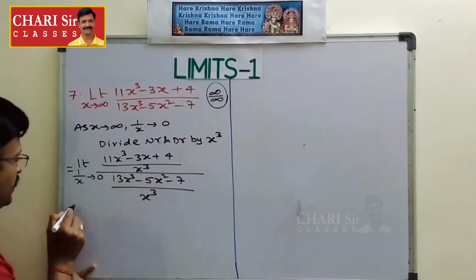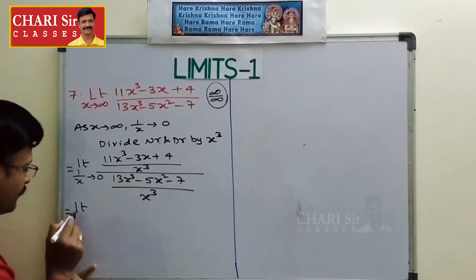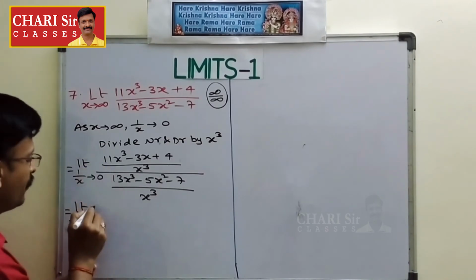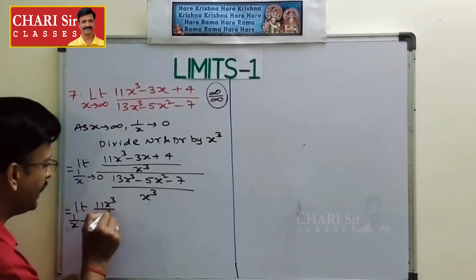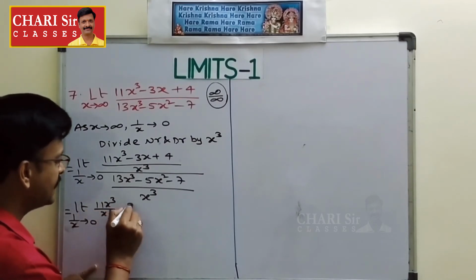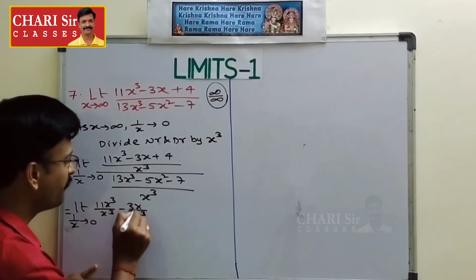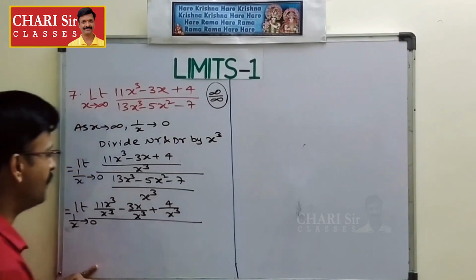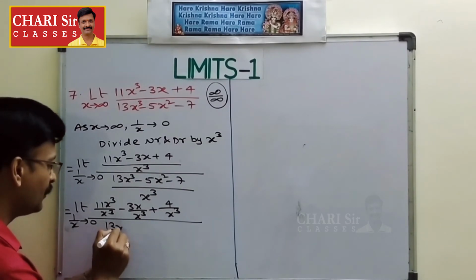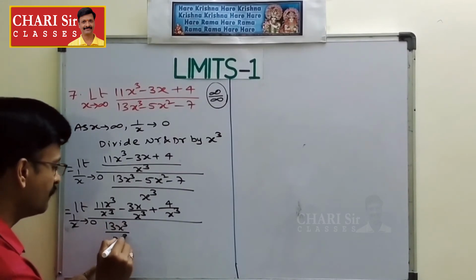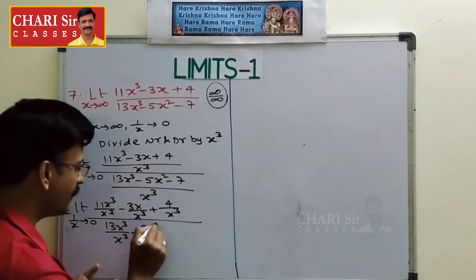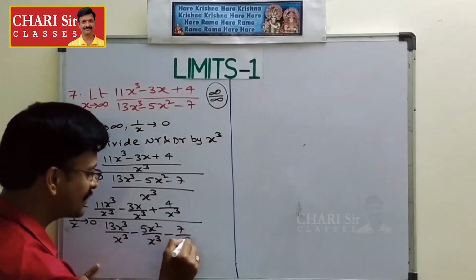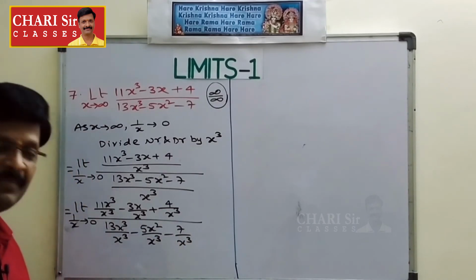Let's write it down individually: limit 1 by x tends to 0, 11x cube by x cube minus 3x by x cube plus 4 by x cube, total divided by 13x cube by x cube minus 5x square by x cube minus 7 by x cube. Every term I am dividing by x cube.